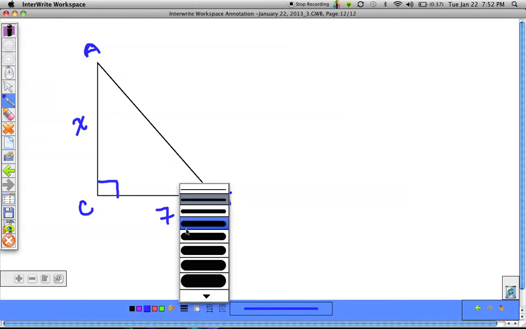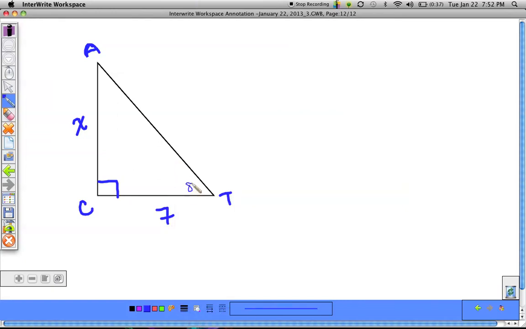And I will tell you that angle T is 82, no, that would look weird. Let's say that angle T is, I don't know, 62 degrees. Okay, so if we're looking at angle T, that's the angle that we're given. So we're looking at angle T, 7 would be adjacent, and x would be opposite.